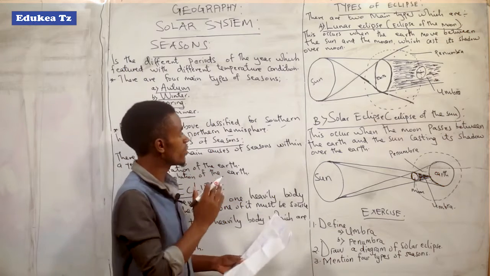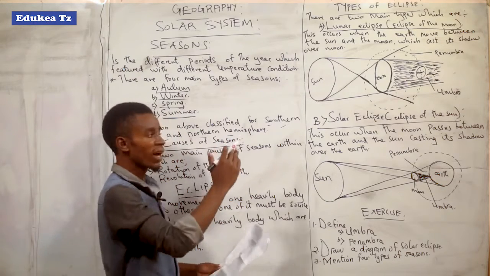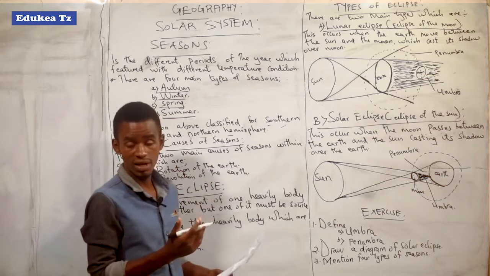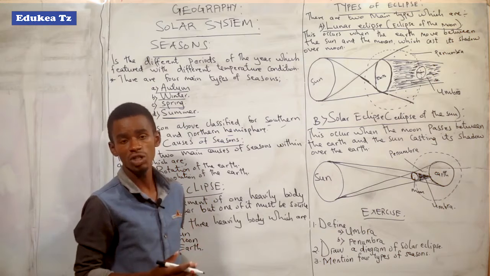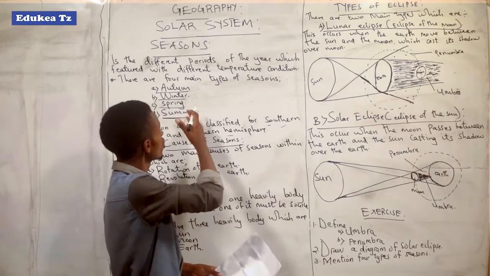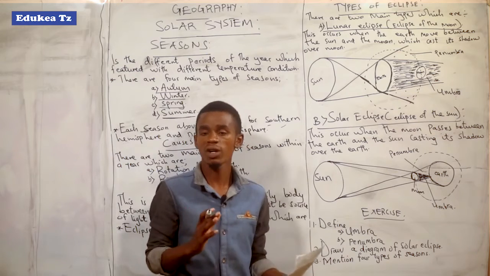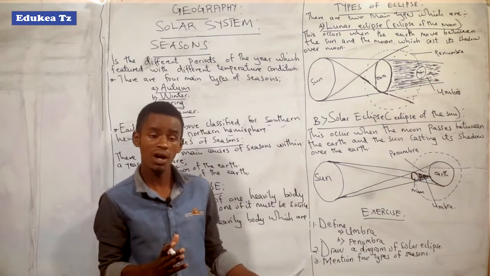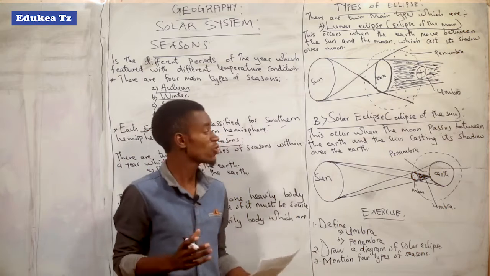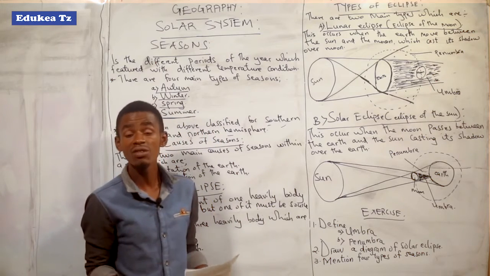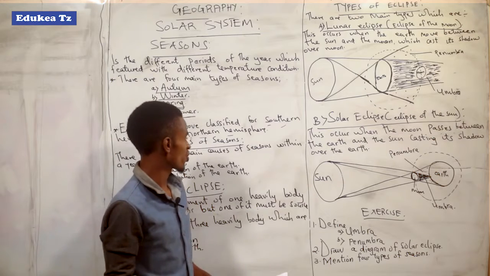Each hemisphere, the southern and the northern, within the Earth's surface, has different climatic conditions, or seasons within the year, taking place in different months. In a certain month it is one season, but in another hemisphere that month has a different type of season.